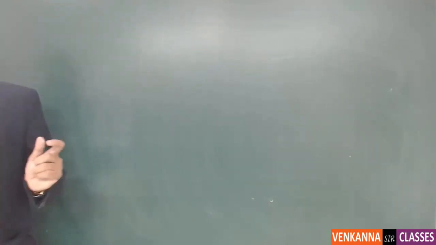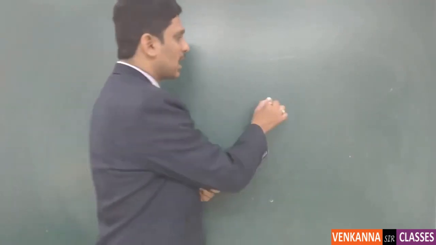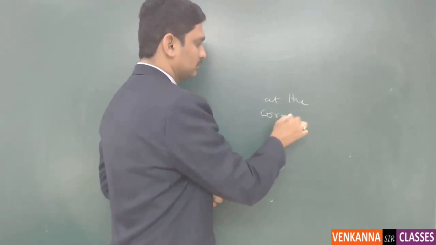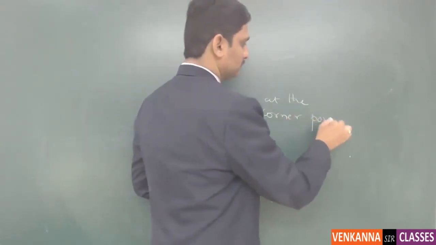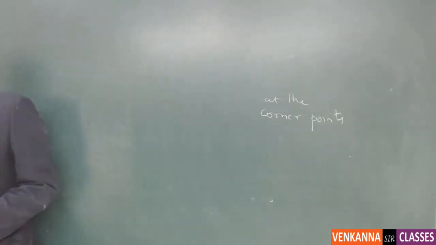Because the solution always comes at the corner points of the polygon. Usually the maximum z occurs at the corner points of the polygon.